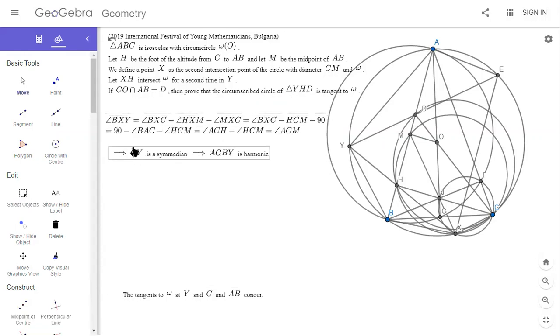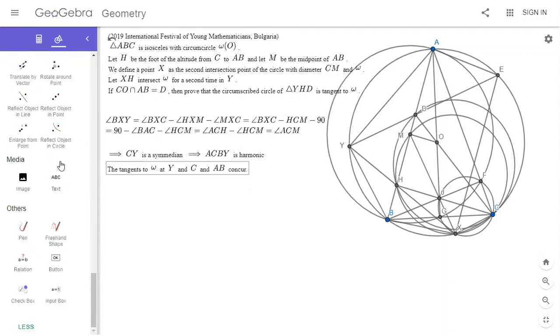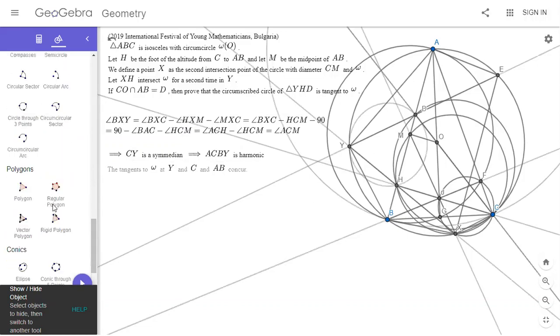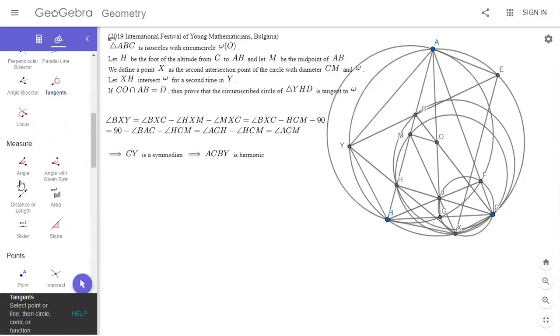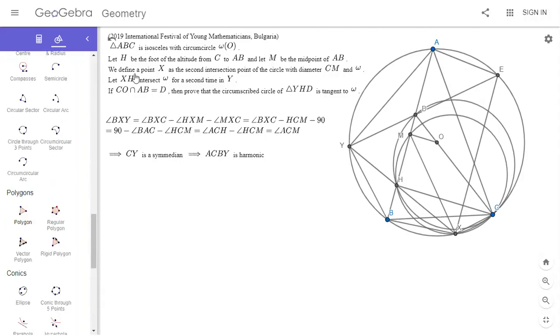So we have this. Let me draw it in. I don't even think we need point J. I don't even know what we need here now. So what?